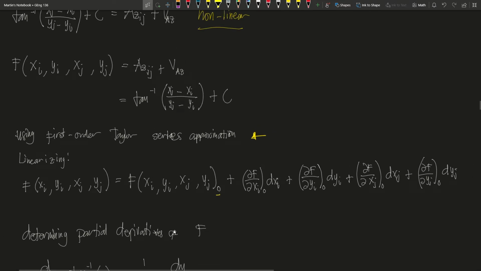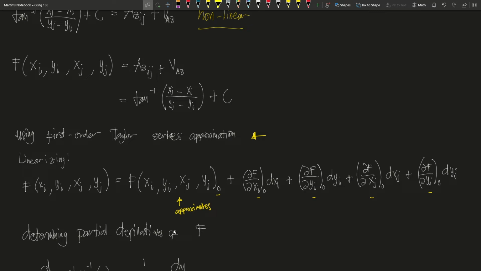Meaning to say, we compare this one to the approximate. So these are the approximate because of this subscript not, okay? Plus the partial derivative of the function with respect to x sub I, y sub I, x sub j, and y sub j, okay?